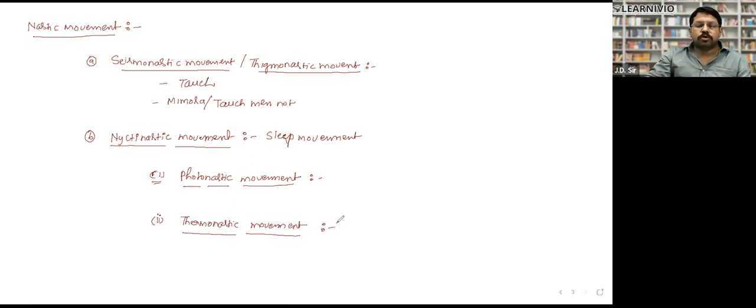When the sun sets, the temperature becomes low, right? So this variation in temperature also takes place due to the sun. The movement which takes place due to temperature is called thermonastic movement, right? Please note it down.